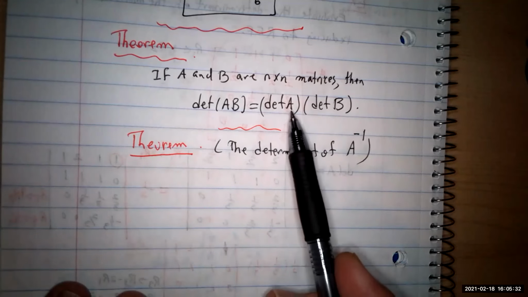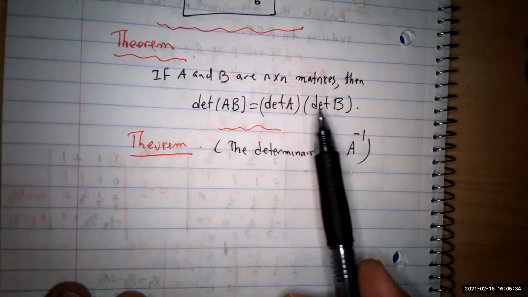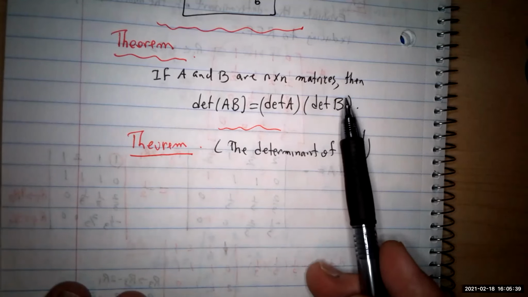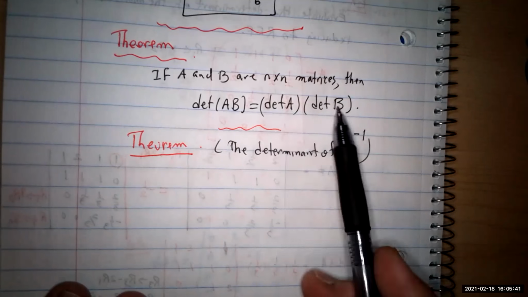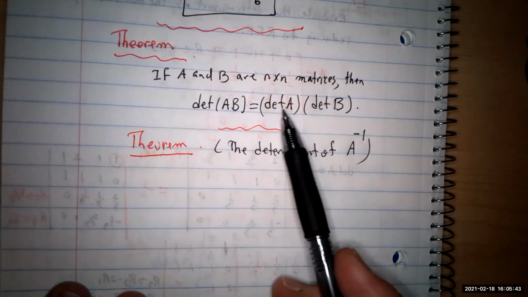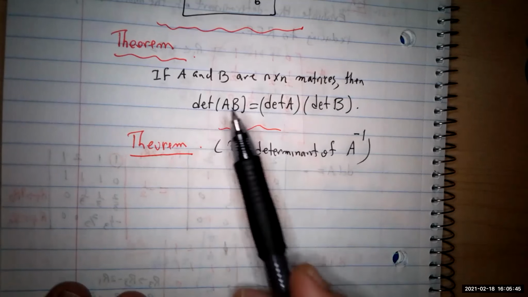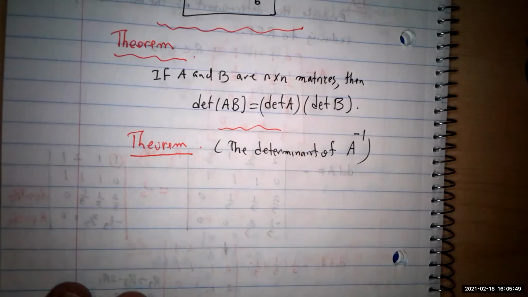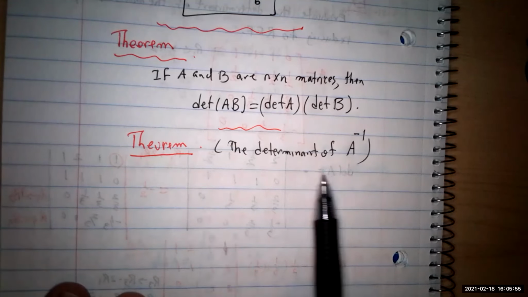So this would be the determinant of A, and this would be the determinant of A inverse. These are numbers. If the product of two numbers is one, one of them is the reciprocal of the other one. 5 times a fifth would be 1. 3 times a third would be 1. So that's what we are going to use in order to get this theorem.